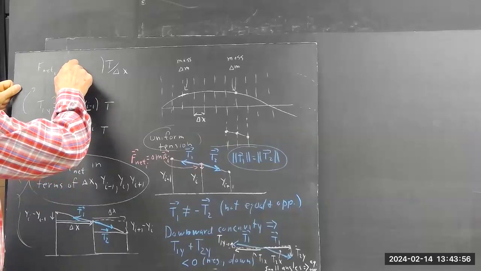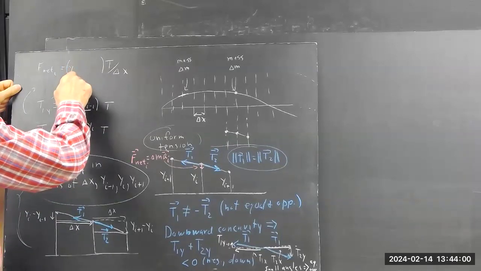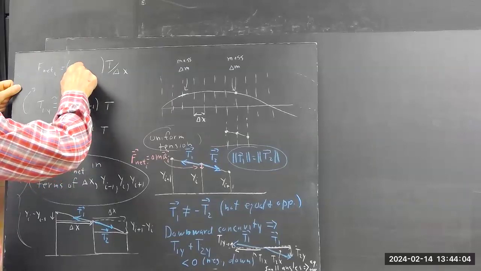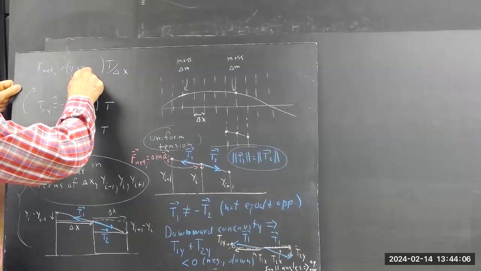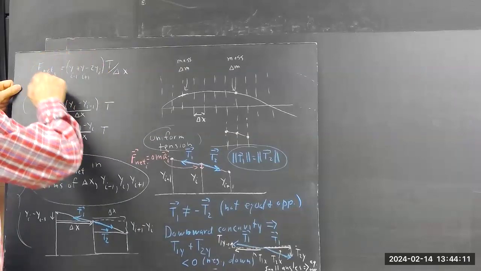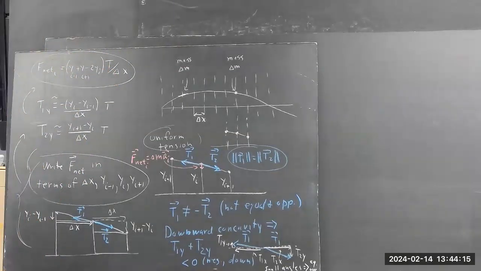So we get, I don't think I left myself enough room to write all the subscripts, y sub i minus 1 plus y sub i plus 1 minus 2 y sub i. And then that's times T over delta x.